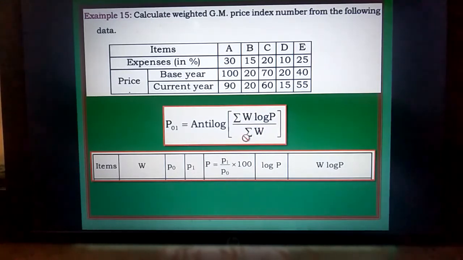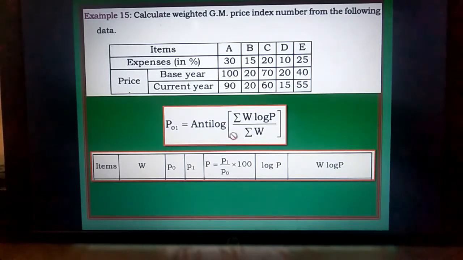Now look at the formula and keep the essential things calculated in terms of a statistical table. After that, substitution and answering after performing some basic mathematical calculations. Very simple, students.